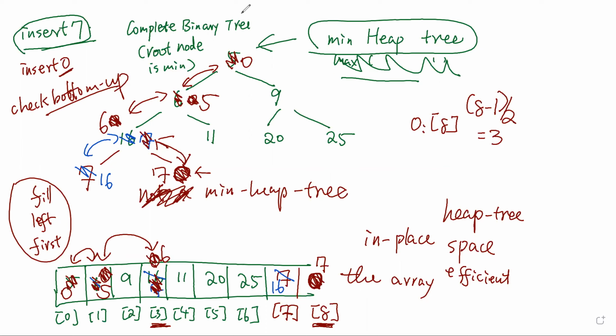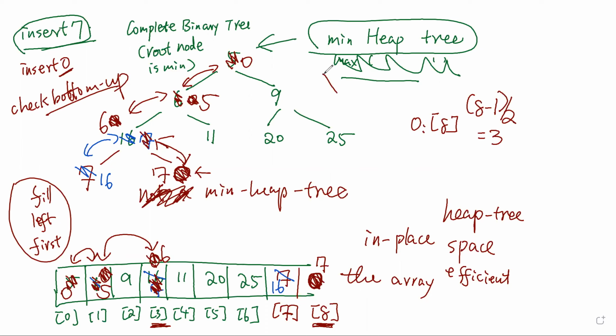Okay, so what we just discussed is, you can add new items, and after you add, you still need to do adjustment. So all of this, basically, with heap insertion, you can build a minimum heap tree.